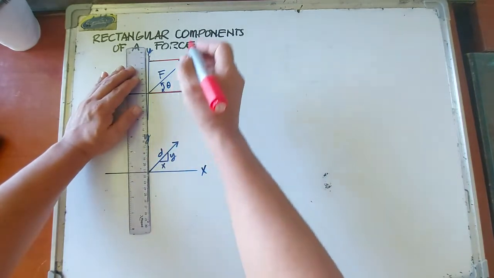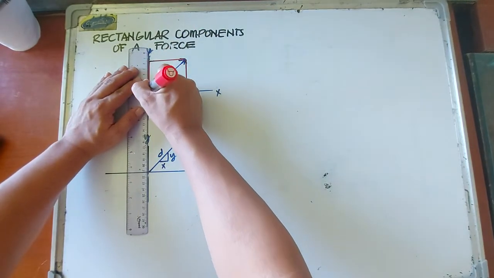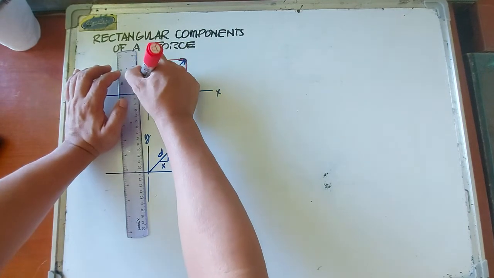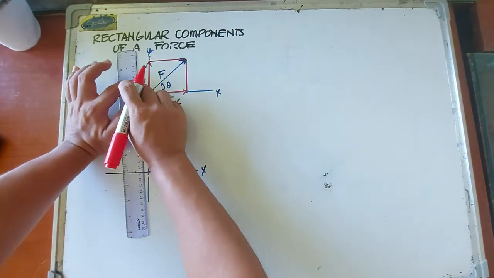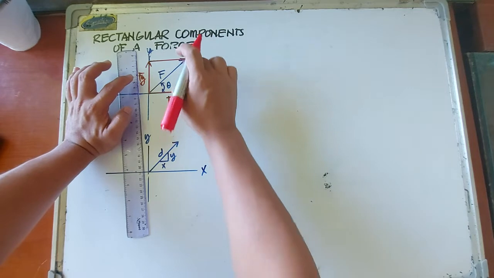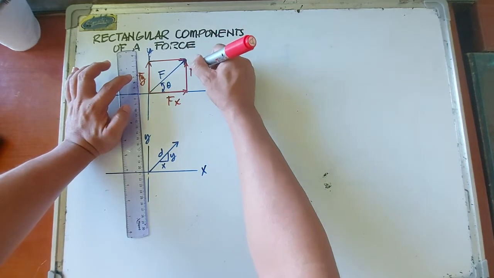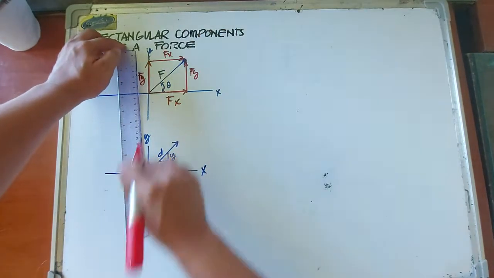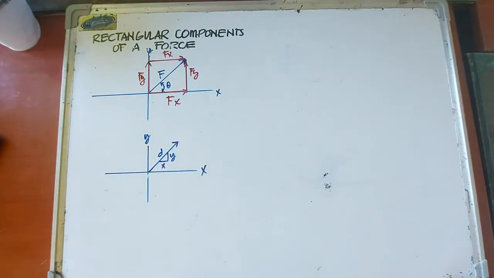So components along x and y axis. So let's say this is fx and this is fy. So there is fy, parallel siya dito. So that means this is also fy. And this is also fx. Parallel din siya. Same direction, same length or magnitude.